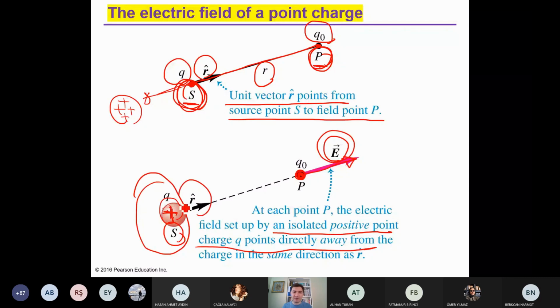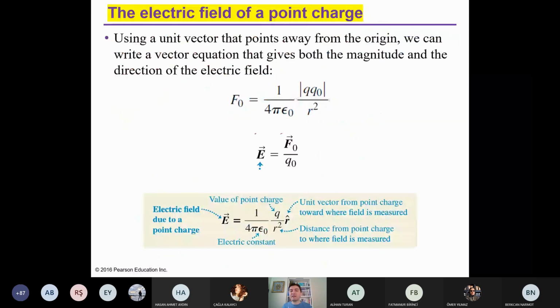Okay, so look at the direction of the unit vector and look at the direction of the electric field. So I would like to express this one. If you have a positive charge, then the direction of the electric field is from source to the space.